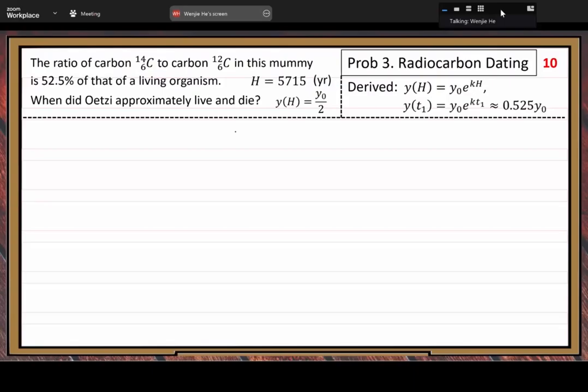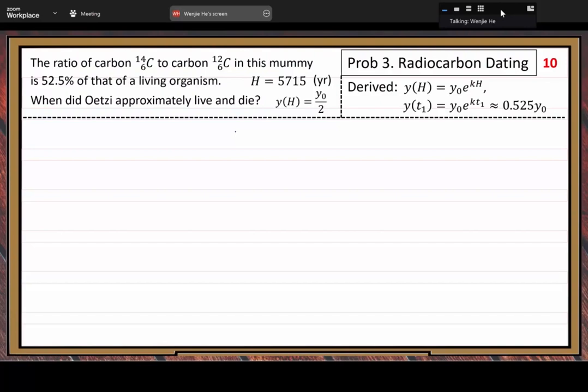Our goal is to estimate T1, the period between the death time and the current measurement time, 1991.